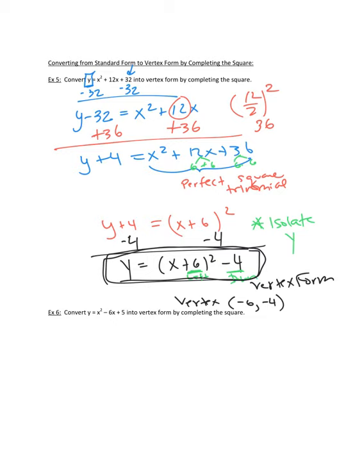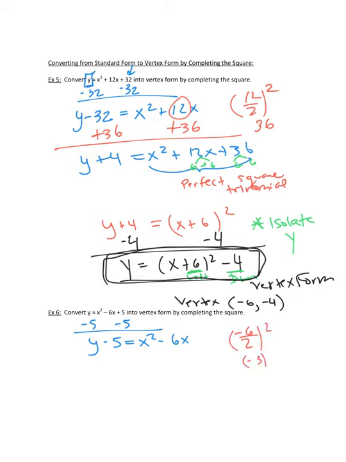So in the next example, I am going to first move my c value over. I'm going to subtract 5. I have y minus 5 equals x squared minus 6x. So now we're going to take half of the b value and square it. I'm going to take the negative 6 divided by 2 and square it.